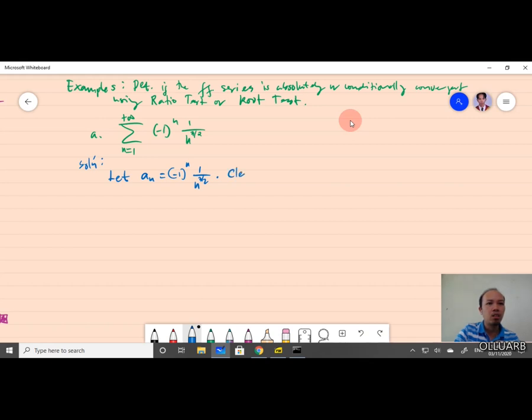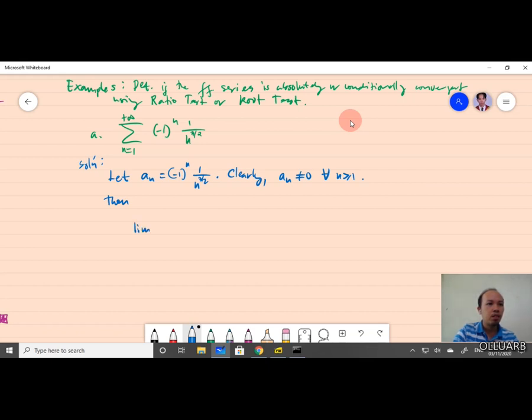Clearly a sub n is non-zero for all n greater than or equal to 1. Okay, non-zero means it is negative or positive but not equal to 0. Okay, so take the limit.